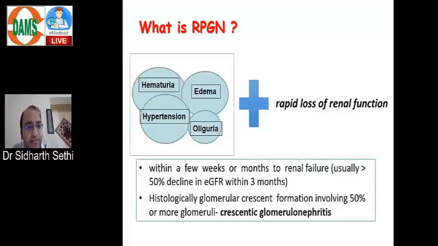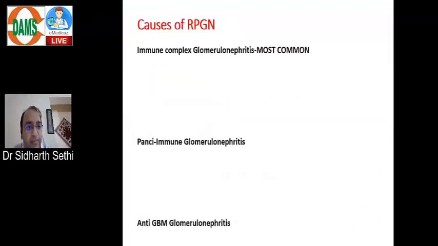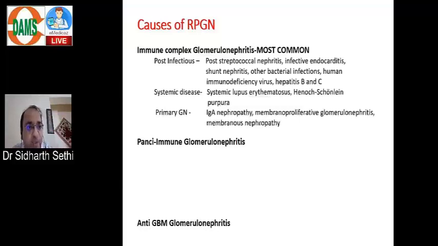And most of the times when we say rapidly progressive glomerulonephritis, you will find that these children will have crescents on the biopsy. What are crescents? Proliferation of the parietal epithelial cells. Now remember, very important for your exams, the immune complex, especially the post-streptococcal, is the most common.